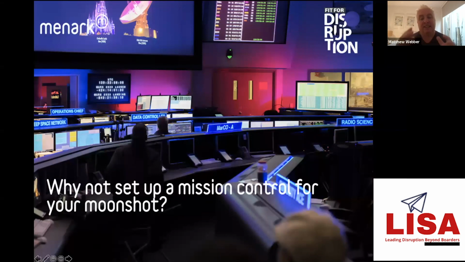But you then need to set up your mission control for it. This is an analogy: if we're talking about KPIs, think of sending a shuttle on a mission to Mars or the moon. There are certain things you're going to need to know, and you need to think of your business like you need a control room.